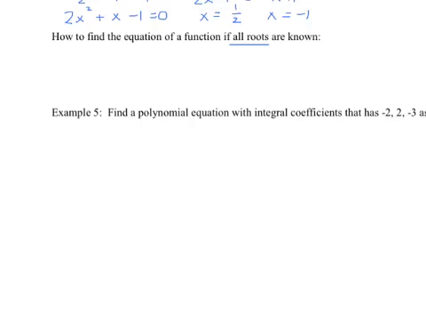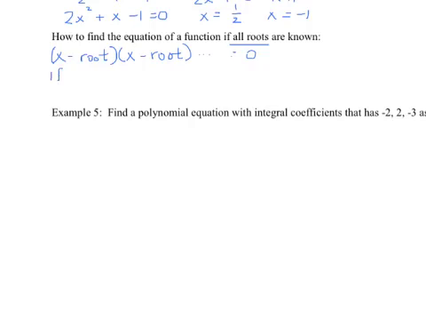The last thing that we did was set factors equal to 0 and solve. We would have our factors subtracted from x. So you have x minus root on and on and on equals 0. That's what you're going to do.